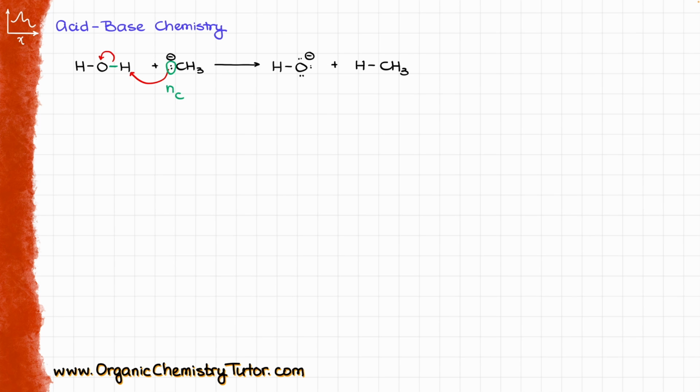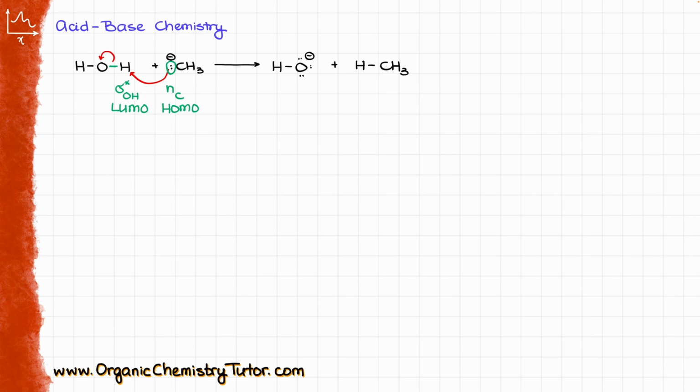So we are going to have the interaction between our non-bonding electrons on the carbon and the sigma star that we have between oxygen and the hydrogen. Since the electrons are on the non-bonding orbital on the carbon, that is going to be our HOMO, and since the electrons are going to the sigma star, that is going to be our LUMO.